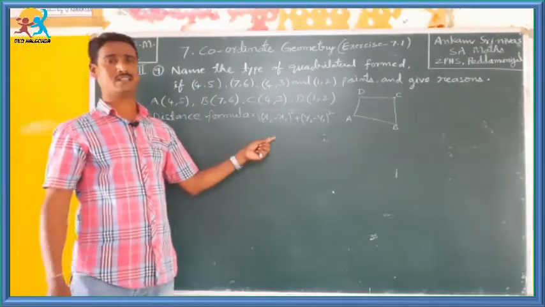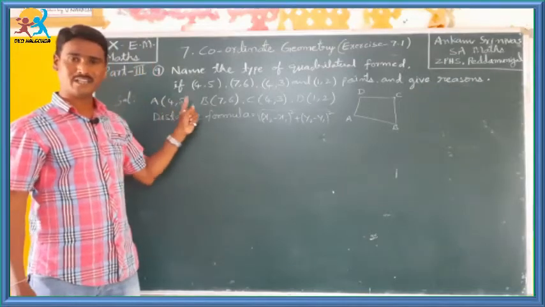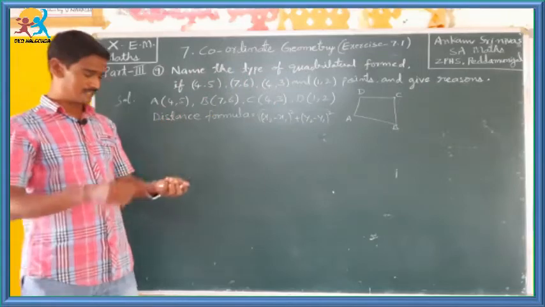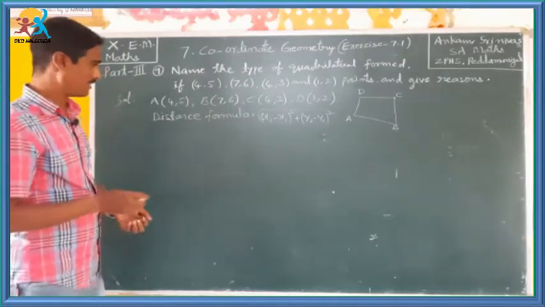Using this formula, we have to find the length of AB, length of BC, length of CD, length of DA. Now I am going to find the first length, AB.